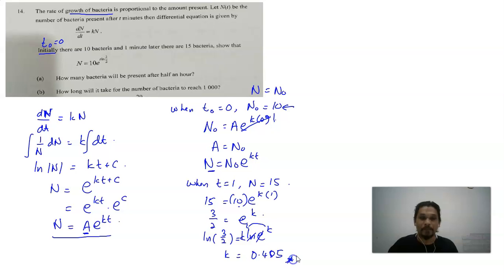Okay, so now A equals N naught, where N naught equals 10.